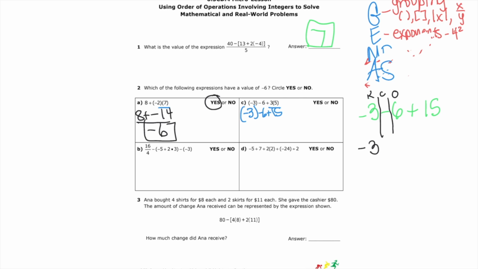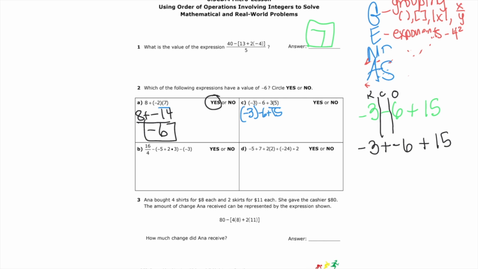I'm going to change the subtraction sign to addition. And the opposite of +6 is -6. So I'm going to rewrite that, and then add in my 15 there.